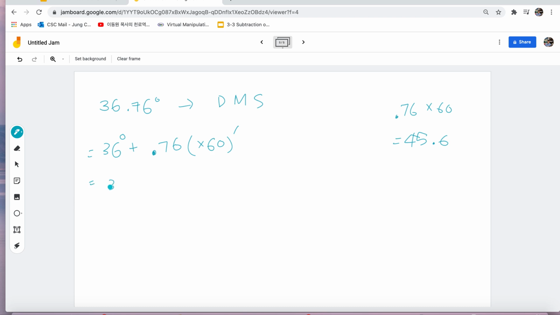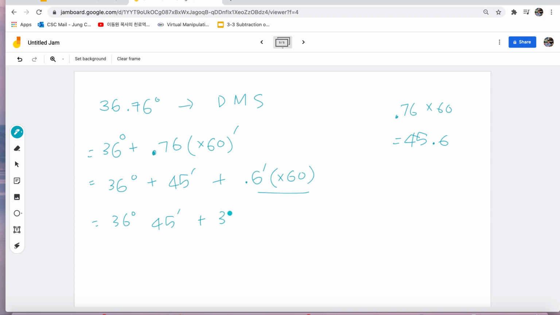So I can rewrite this as 36 degrees plus 45 minutes, only the whole number, because we don't want to have the decimal number. But since that's a decimal number, still in minutes, you can multiply this by 60, then you can change that to seconds. So we have 36 degrees, 45 minutes, and 0.6 times 60 is 36, right?